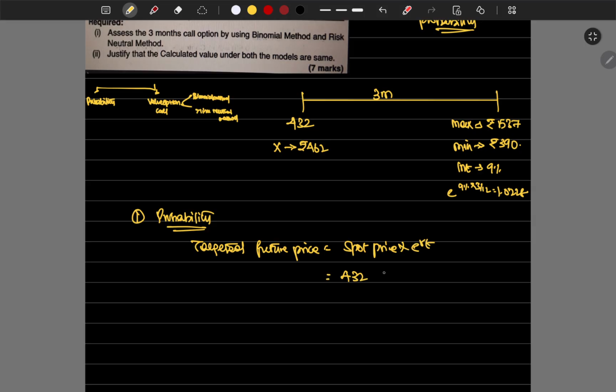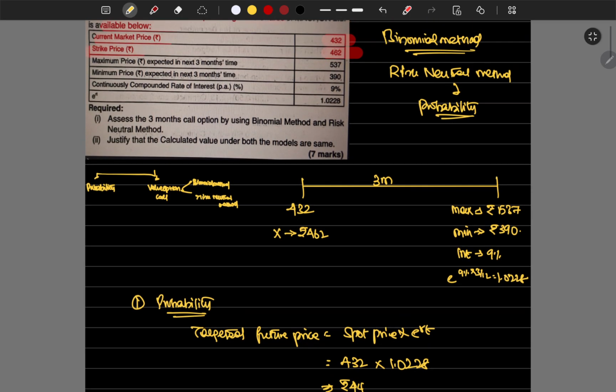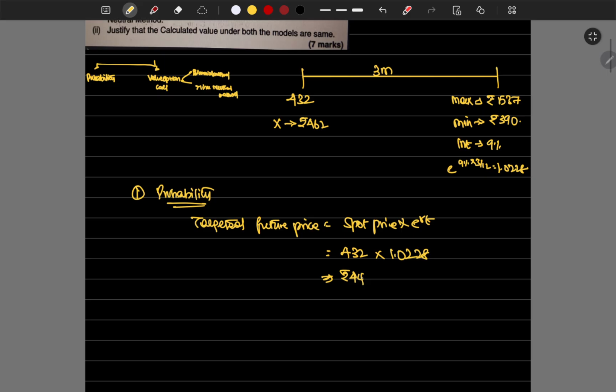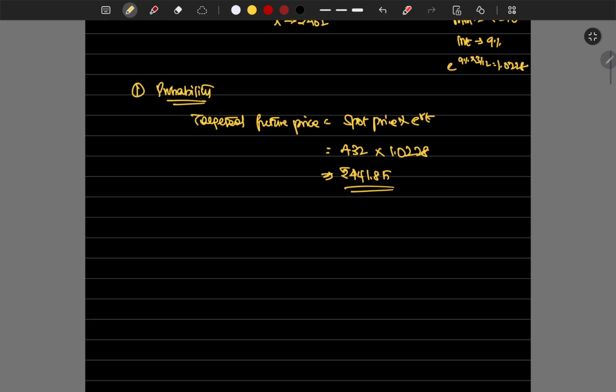It is 432 into ERT, which is 1.0228, which is rupees 441.85.